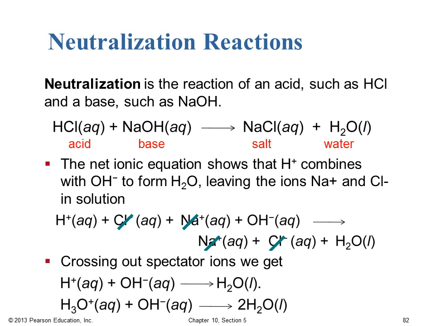The Cl- are found on both sides of the reaction, and so those cancel out. The Na+ is found on both sides of the equation, so you cancel those out. And so that's why it's a net ionic equation. You're basically canceling out stuff that remains in solution and doesn't make anything new. The only thing that's really being done in this equation is you're reacting an acidic proton with OH- to make water. So you're neutralizing the solution.